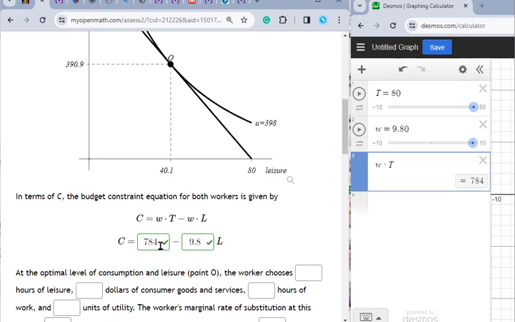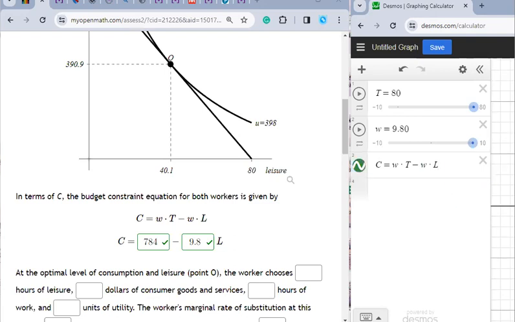So our budget line is C equals 784 minus 9.8 L. So that's my intercept, 784, and then I got to subtract off 9.8 times L. I'm going to change this to wage.